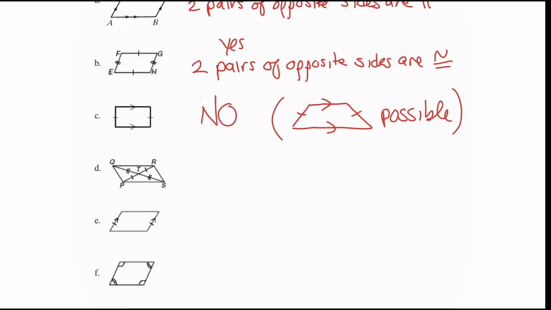In the next one, we're indicating that the diagonals bisect each other by showing congruent halves. So the answer for this one would be yes.